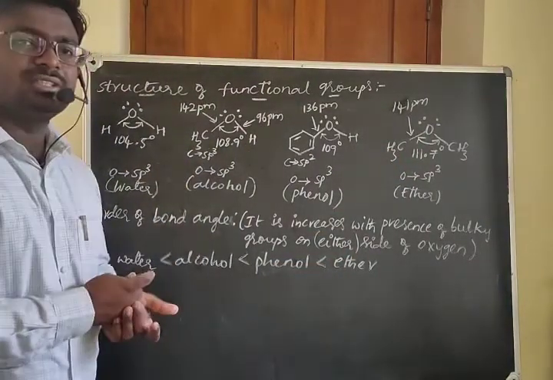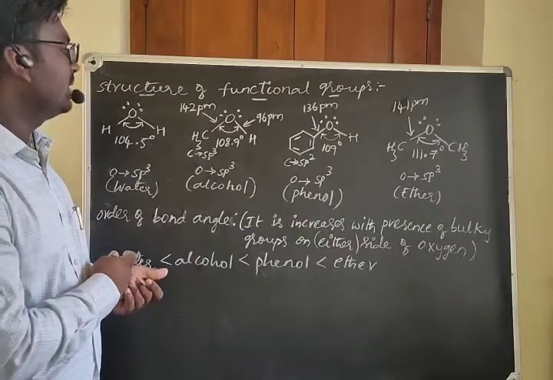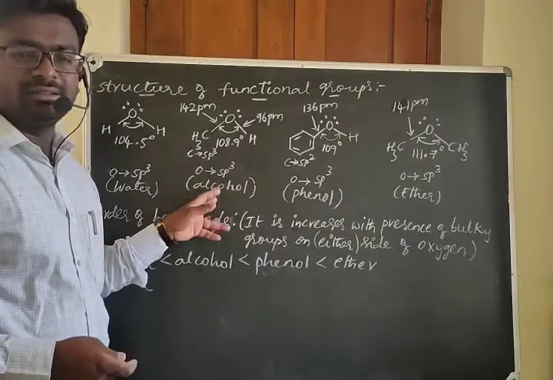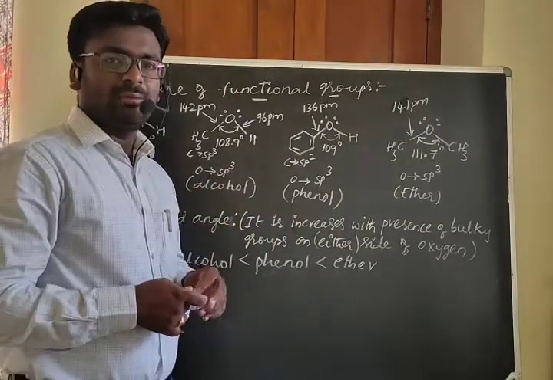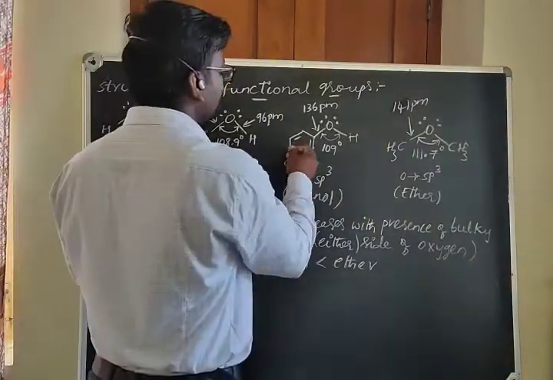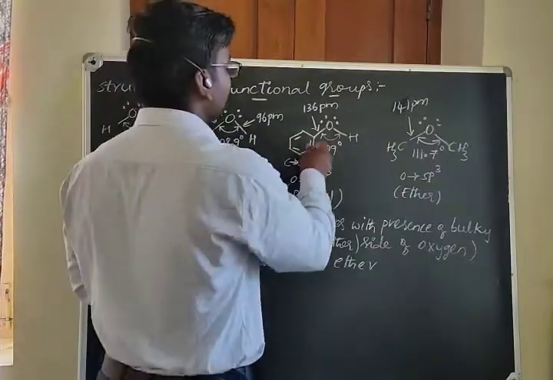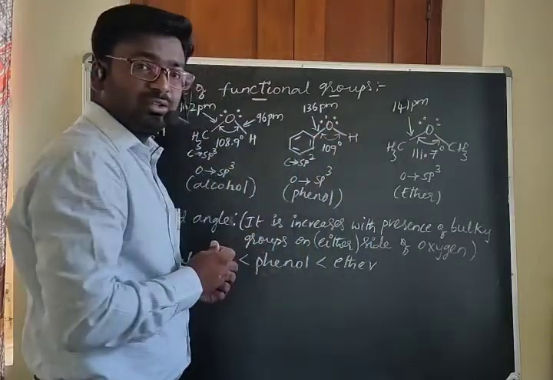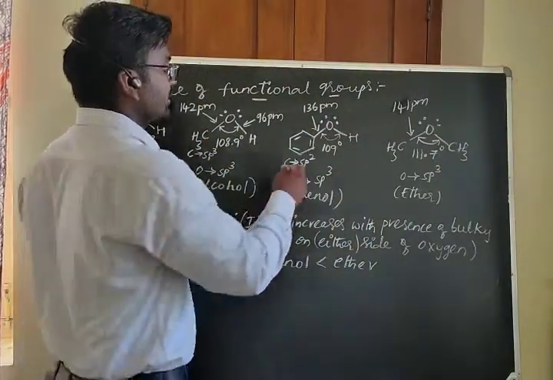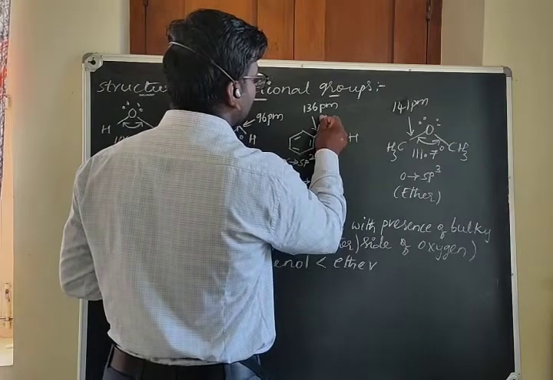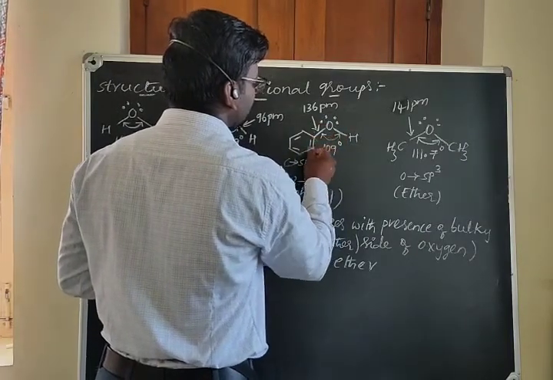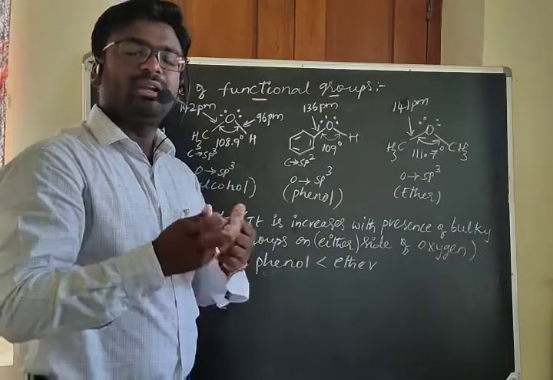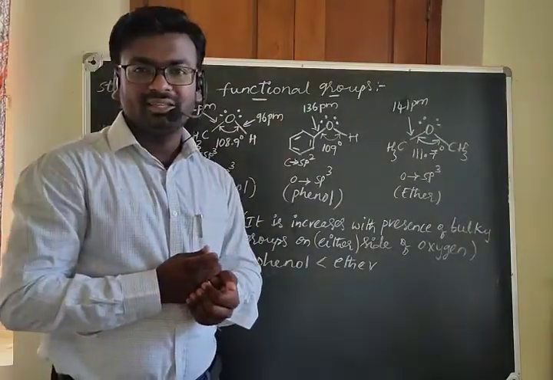And there is a difference in the bond length of the CO bond in phenol and the CO bond in alcohol or ethers. Why is this happening? Because of the difference in the hybridization state of this carbon. And due to the conjugation of electrons in phenol, because these lone pair of electrons can jump here and this can jump here, and it makes a partial double bond character. As the multiplicity of bonds increases, bond length decreases, we know that.